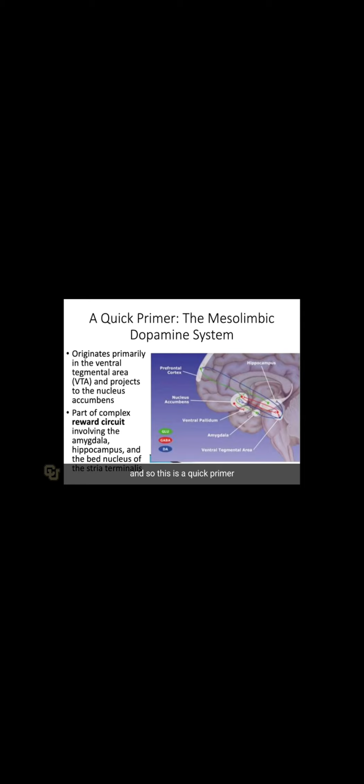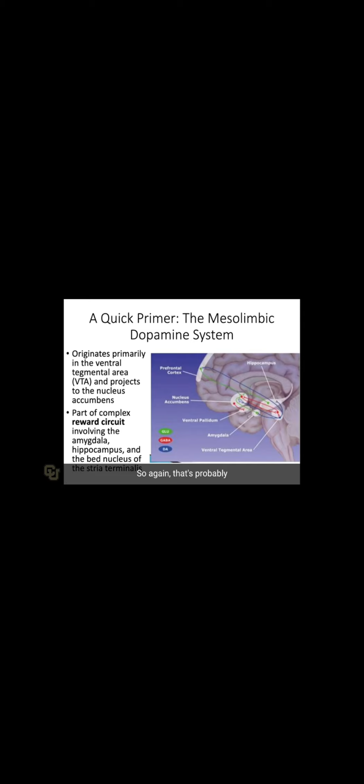And so this is a quick primer on the mesolimbic dopamine system, which is the key pathway and the key network in the brain that underlies addiction. And one of the key structures is the ventral tegmental area, which is rich in opioid receptors, also dopamine neuron cell bodies that project out to other key areas of the brain, such as the nucleus accumbens here, and prefrontal cortex, and hippocampus, and amygdala.